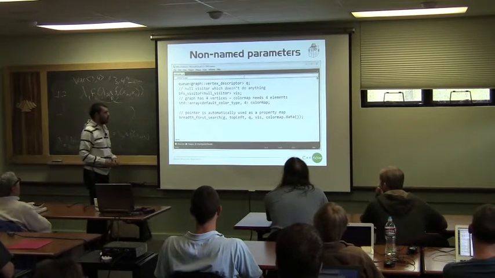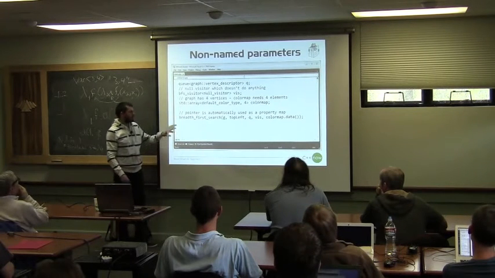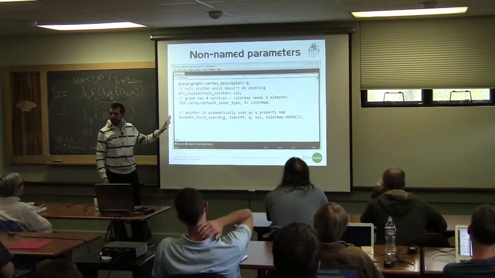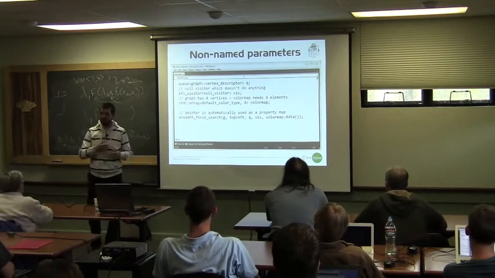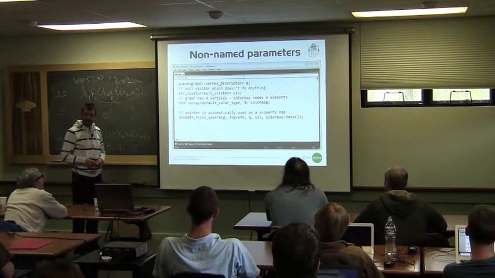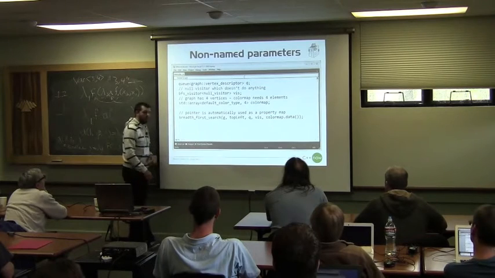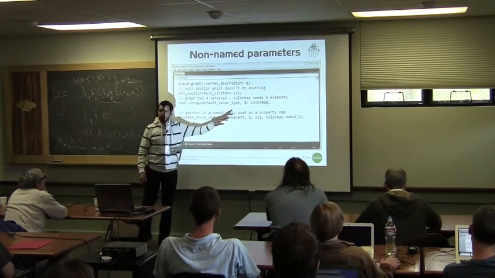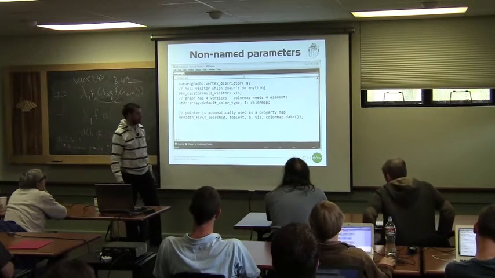Very first example. I'm using my breadth first search algorithm, and I'm using the version with the non-named parameters, which means I need to pass as many values as this algorithm expects. If you look up the documentation, you will find this algorithm, and it says you need to pass 5 parameters to it. All right, so that is what the algorithm wants, so I'm going to do this.